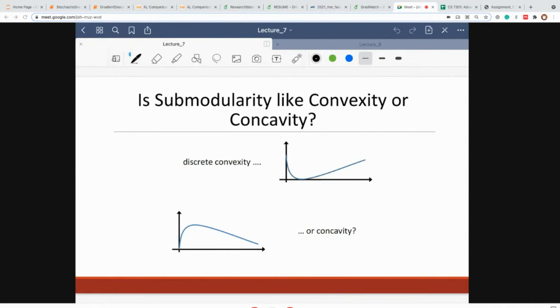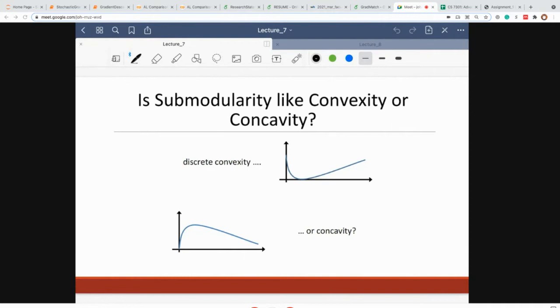Okay. So this has been a long-standing open question which people have been trying to understand: do you draw analogies from submodularity to convexity, or is it similar to concavity? It turns out that submodularity is related to both, and has certain properties that are related to both and certain properties that are related to neither.